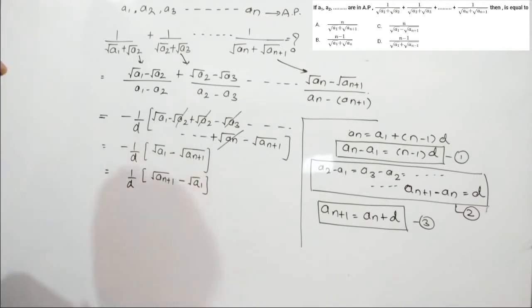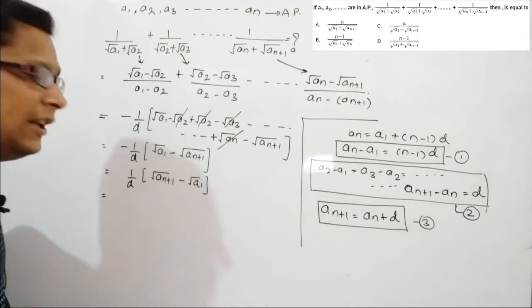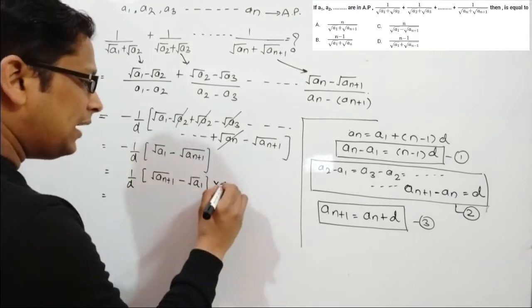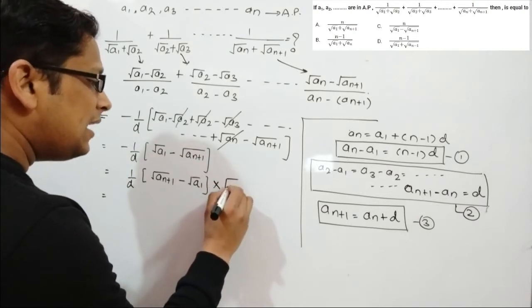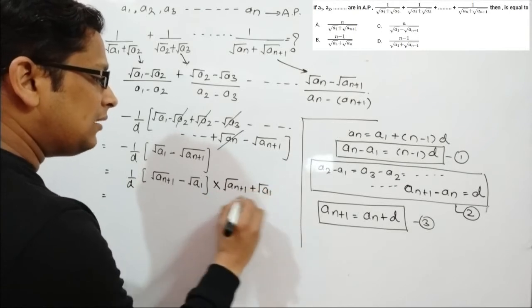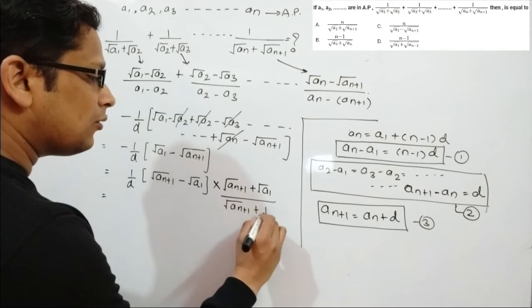So we can write it as, see, we have to again rationalize its numerator by multiplying by its conjugate and dividing by its conjugate. So we can write it as √(an+1) + √a1 divided by √(an+1) + √a1.